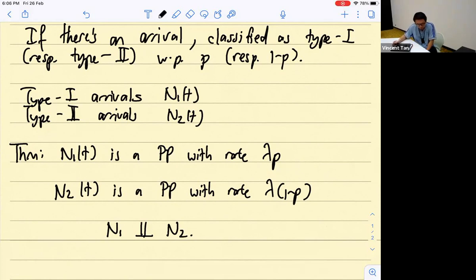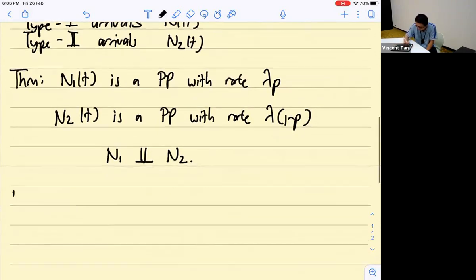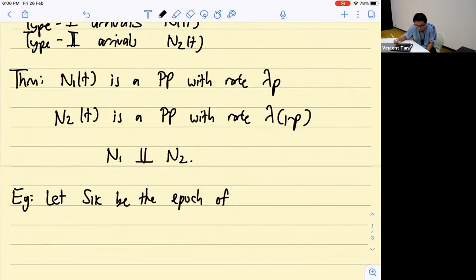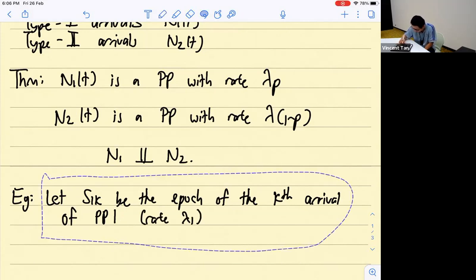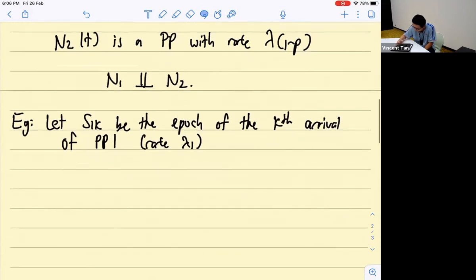So the people here still can listen, right? Okay, good. Now let us do an example. These sort of simple examples will certainly be examined. So let S1k be the epoch of the kth arrival of Poisson process 1, which has rate lambda 1. What I want to do is to create two Poisson processes and label their arrival epochs.